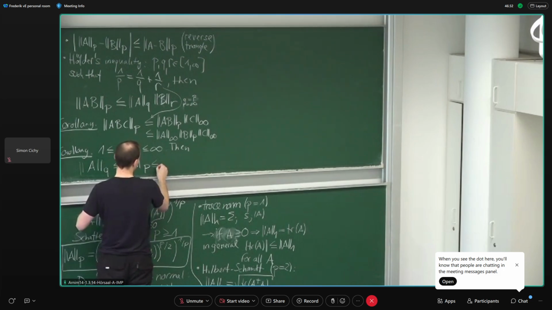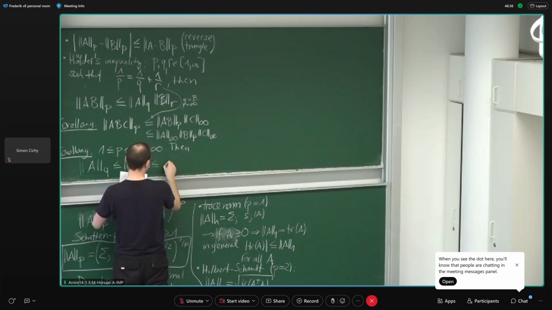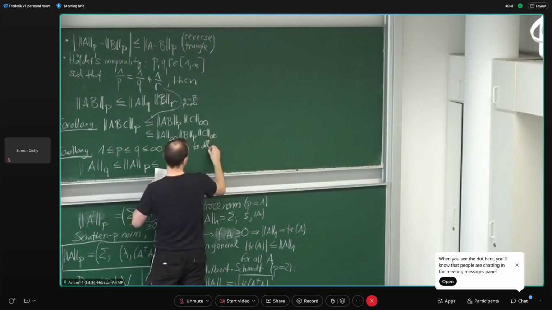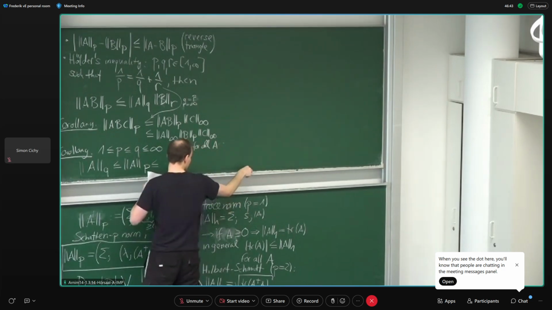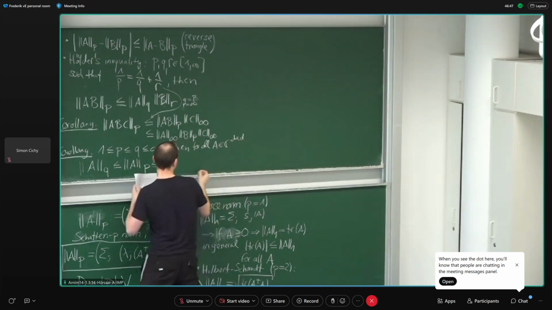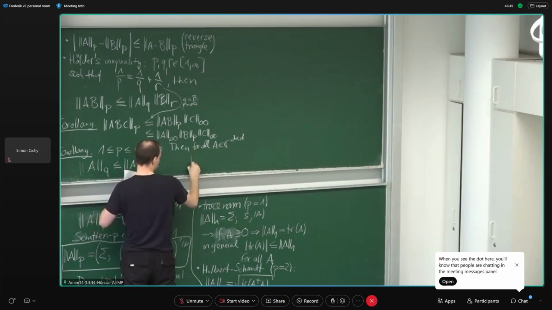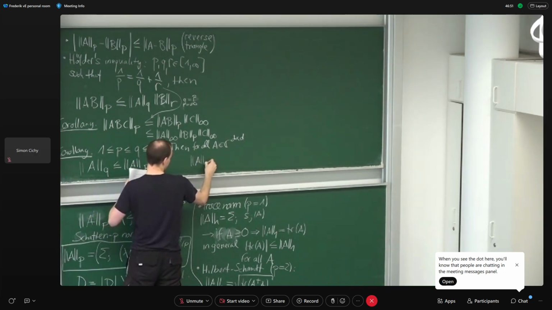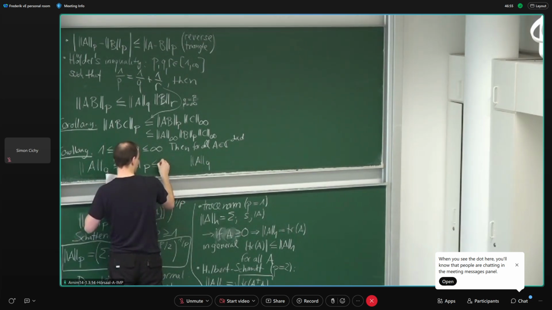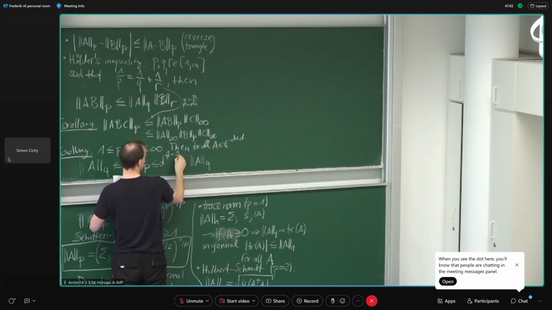And to go in the reverse direction, you will get a dimension factor. So maybe say for all d times d matrices, you can get back to the q norm, to the larger index, but you have to pay the price of the dimension factor to the power of 1 over p minus 1 over q.